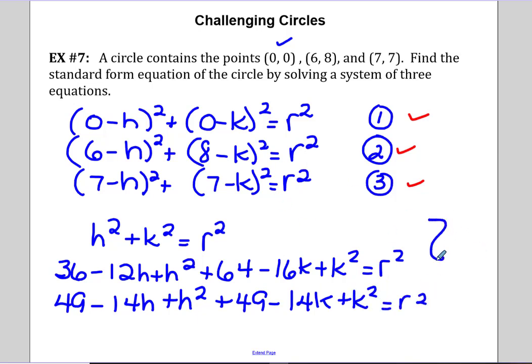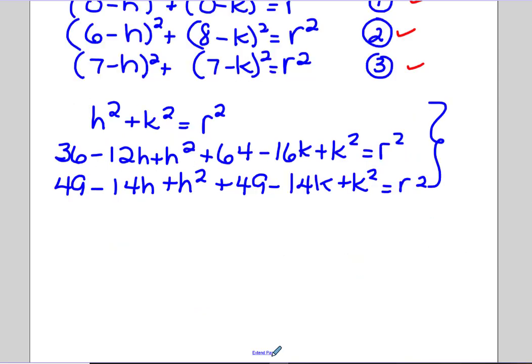So these are our 3 equations from the system. If we just look at equation 2 and equation 3, they're all three equal to r squared.